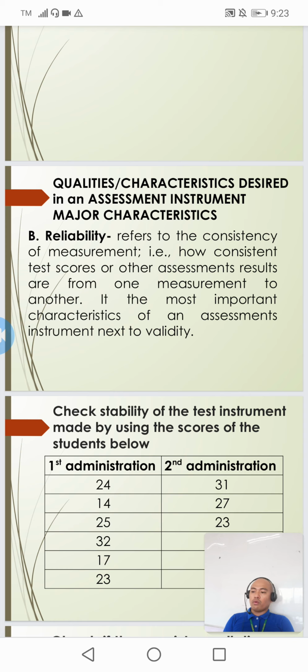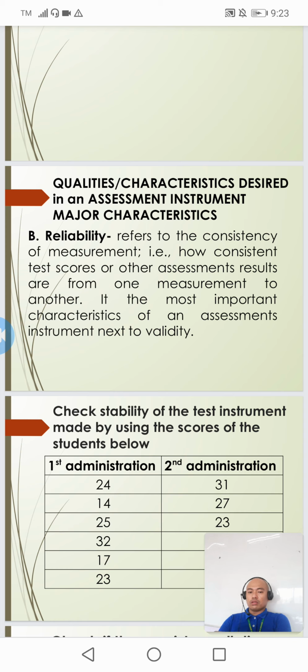As I said a while back, give parallel forms of tests with an increased time interval between these forms. After which we will again compute for the Pearson r. Then if the index that we have computed will be considered a high or very high index, then magkakaroon siya ng test-retest with equivalent form reliability.